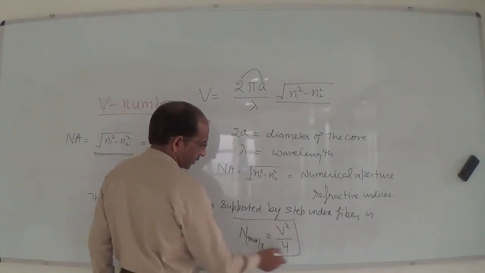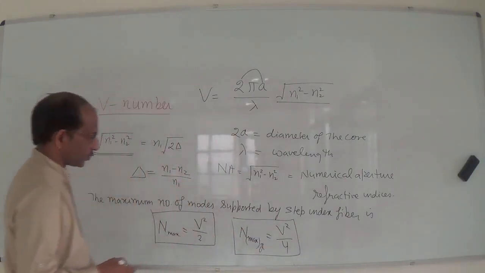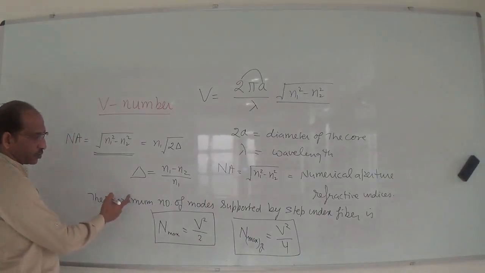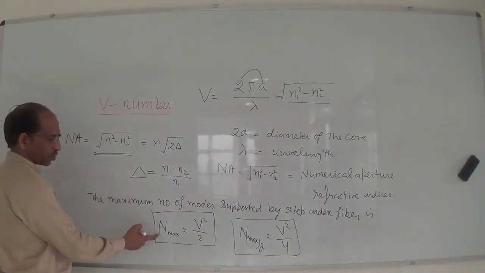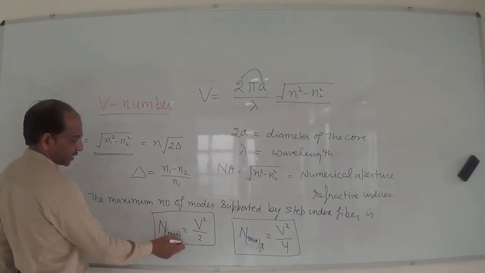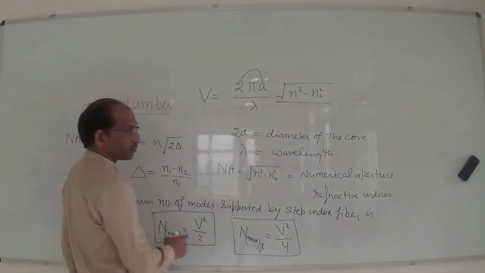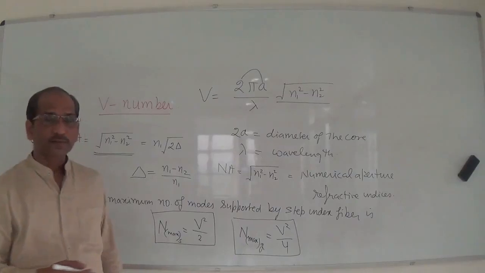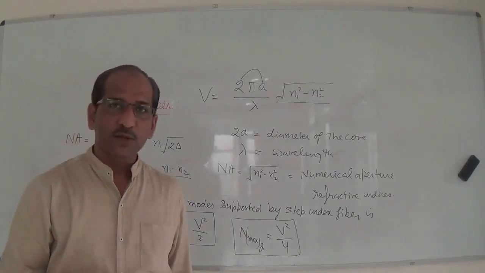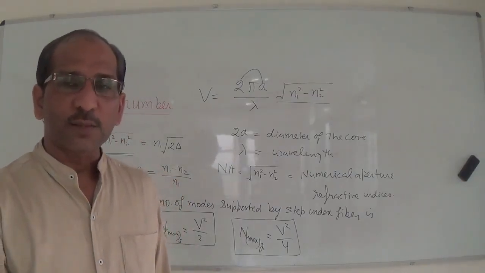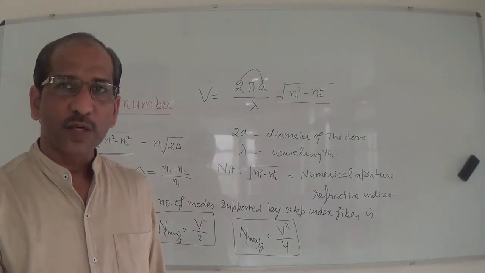So then it will be V square upon 4. So these are two formulae: for the step index optical fiber, it is V square upon 2, and for the graded index optical fiber, it is V square upon 4.